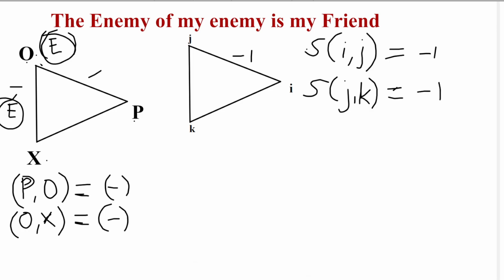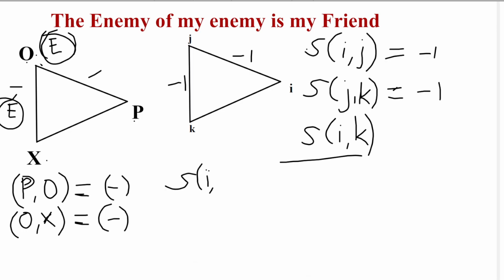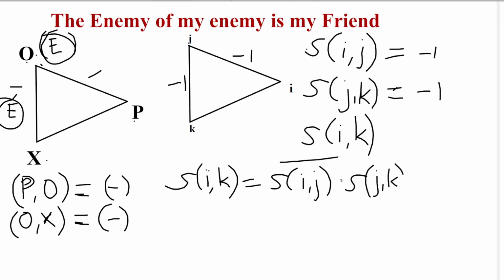So in that case, if we want to know the sign of IK, then we will have to multiply the sign of IJ and the sign of JK, which is -1 there, -1. So the sign of IK will be equal to the sign of IJ multiplied by the sign of JK, right?